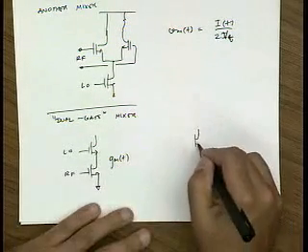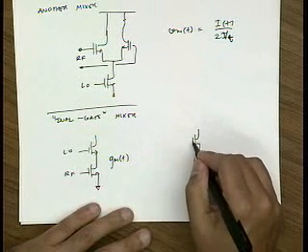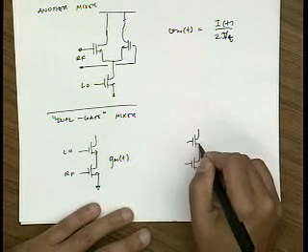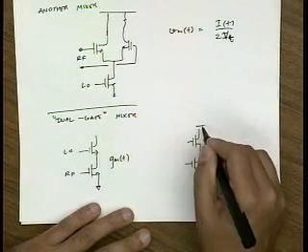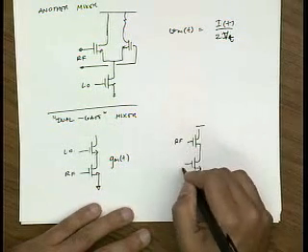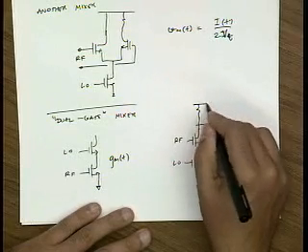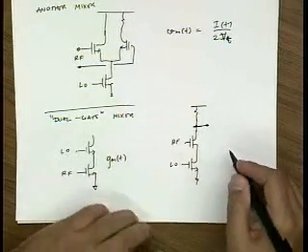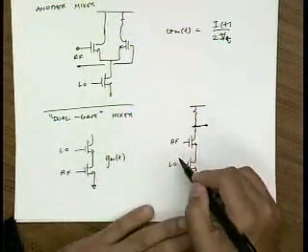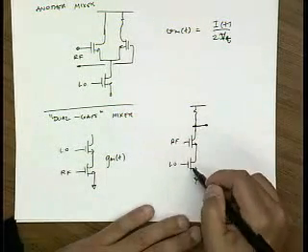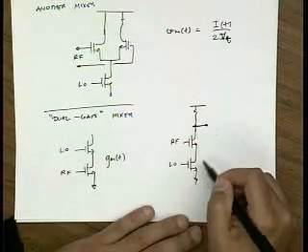On the other hand, if I switch things around, you can see that it's not a very good mixer. If I put in my RF here and my LO here, from the RF perspective, this is a very low gain amplifier because this is a heavy amount of degeneration.